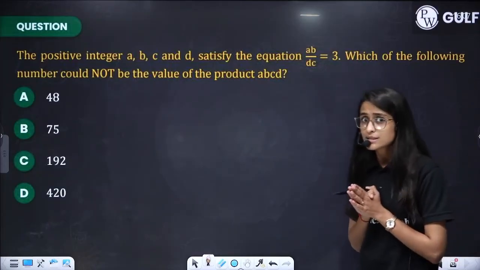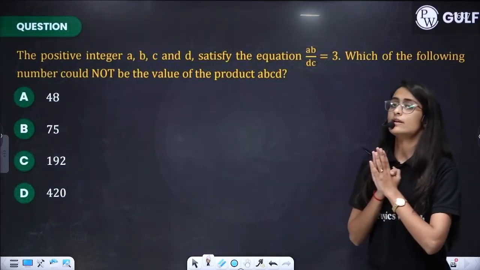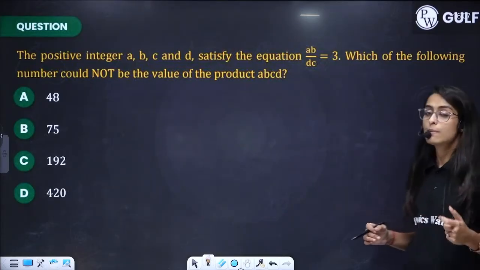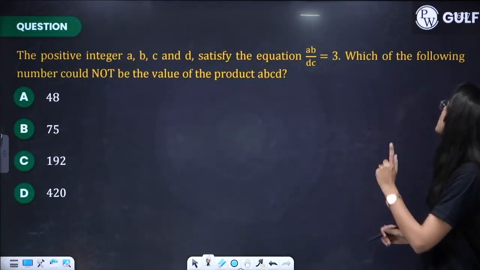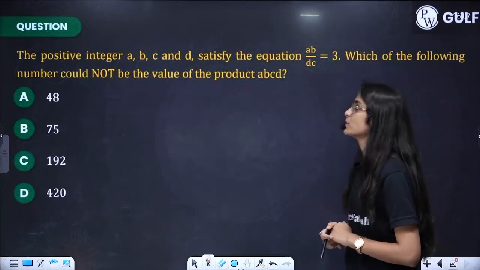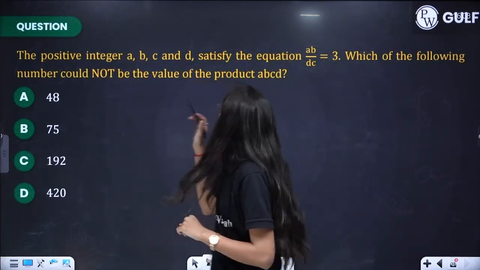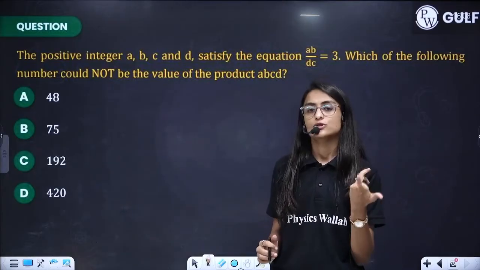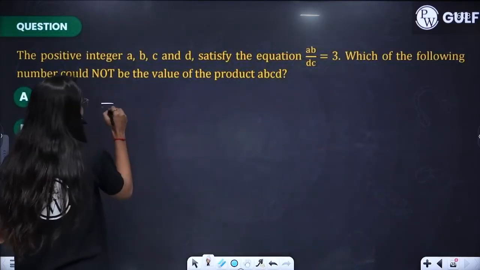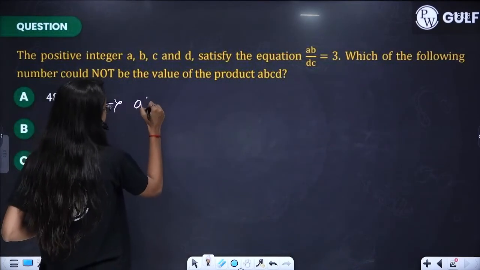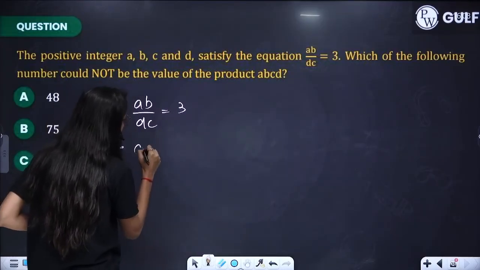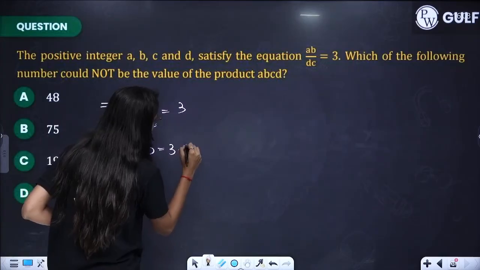Now, the next question says that the positive integers a, b, c, d satisfy the equation ab by dc equals 3. Then, which of the following numbers could not be the value of the product abcd? That means amongst the options, which won't be the product? So, let us solve the equation further. ab by dc equals 3 gives you ab equals 3 dc.